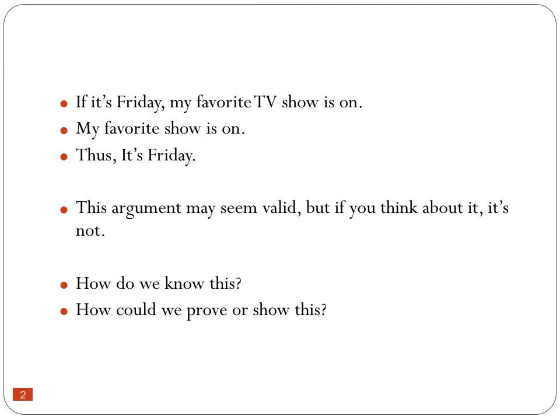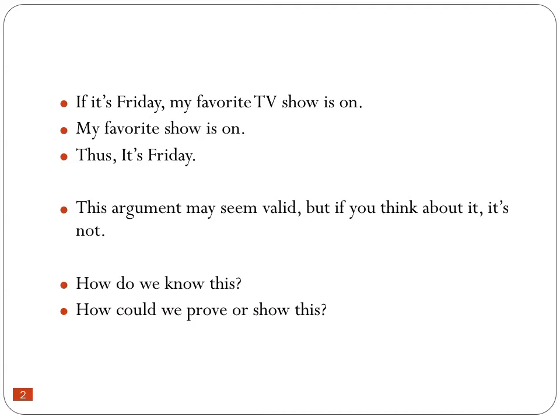I didn't say that my favorite show is only on Fridays, and then if it were on, it would be Friday. That would follow, but that's not what the first premise says. So that argument is invalid. That's sort of an informal, talking-through-it way to demonstrate the argument is invalid.